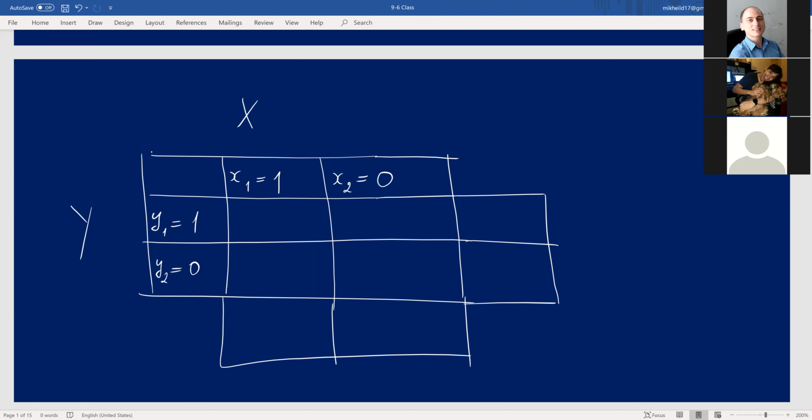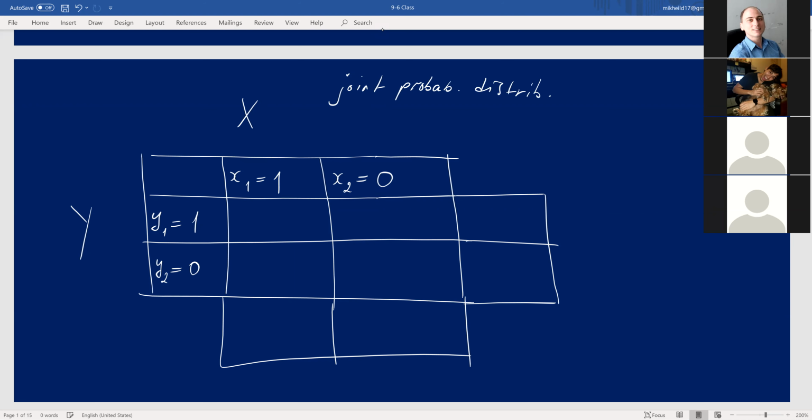Can you guys tell me, why is this table called a joint probability distribution table? Is it because there are 2 variables involved? That's why we have joint, right? But why probability distribution table? Because it lists joint probabilities in these inner rectangles and also some probabilities on the outside.